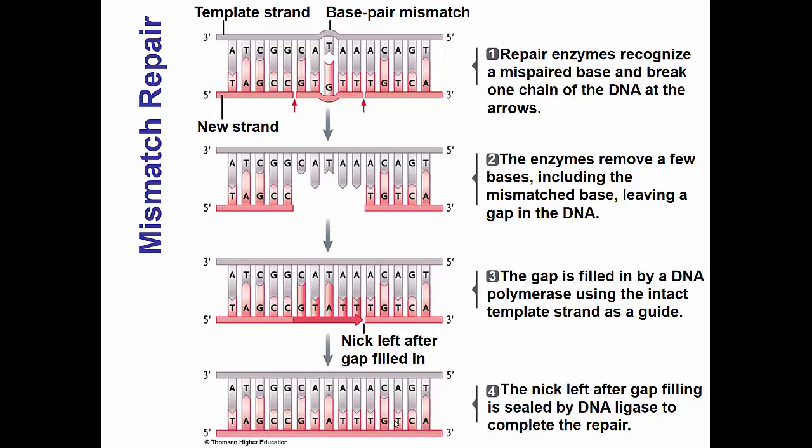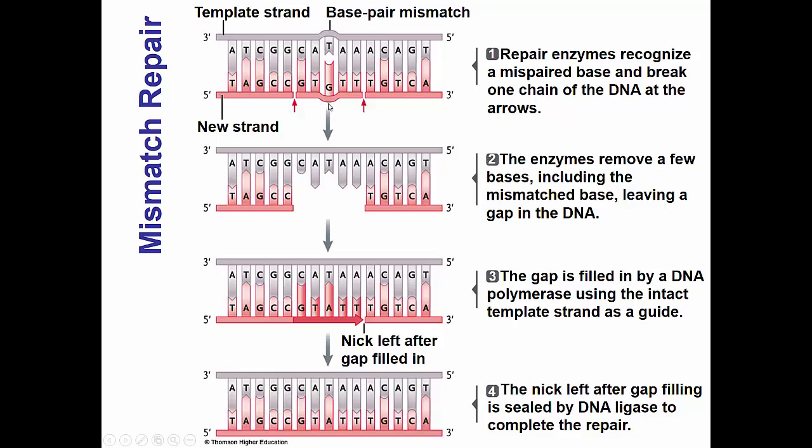Another mechanism is called mismatch repair. Generally, mismatch repair happens when the DNA has been modified in response to some kind of mutagen. So you have a mismatch because one of these bases has usually been damaged. It also can happen if a mistake was left in after DNA replication and the DNA polymerase proofreading activity missed it as well.